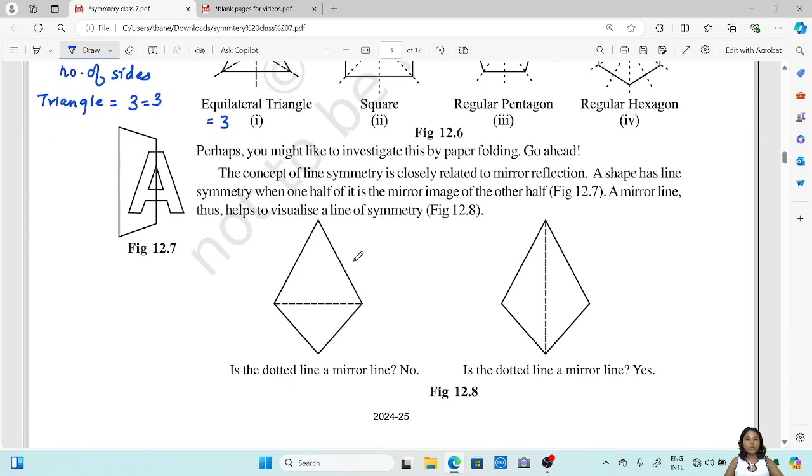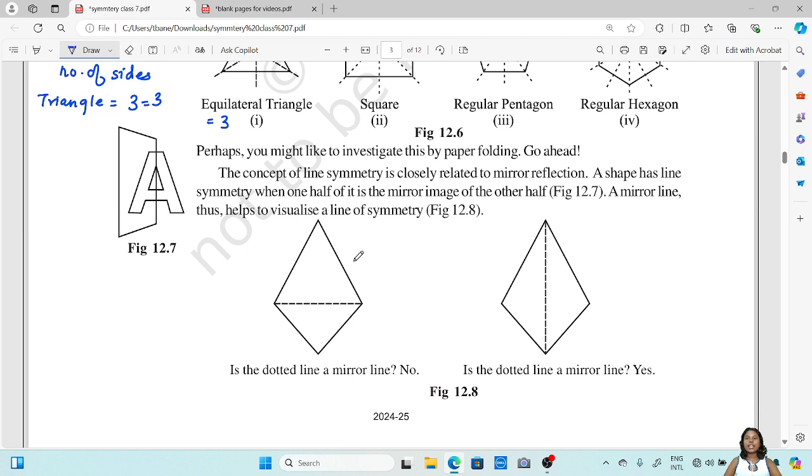Perhaps you might like to investigate this by folding paper. Go ahead. The concept of line symmetry is closely related to mirror reflection. A shape has symmetry when one half of it is the mirror image of the other.